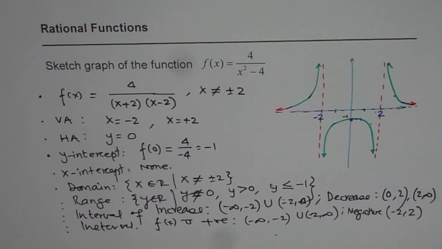Then we have a local maximum at x equals 0, where y is minus 1. And after sketching, we can find the intervals of increase and decrease and the intervals when the function is positive or negative. I hope all this helps you to understand how to sketch a rational function. Thank you.